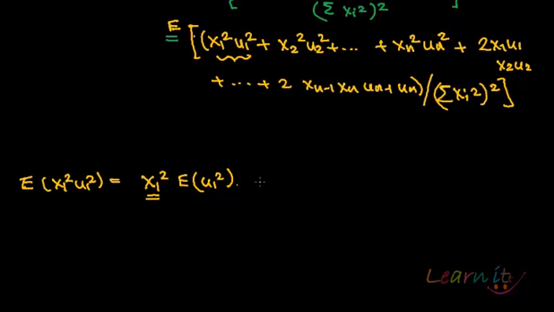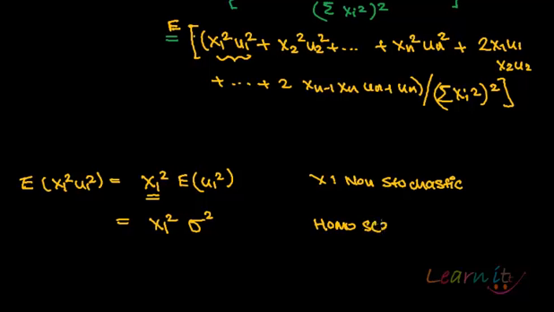Because x is non-stochastic. And E of u square could be written as sigma square because of the assumption of homoscedasticity, that is of equal variance. Clear? So all of these terms are basically x1 square sigma square, x2 square sigma square, and so on.